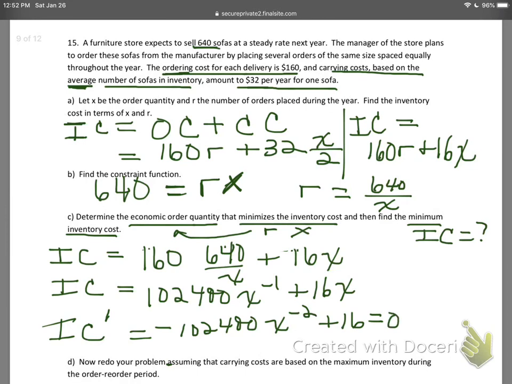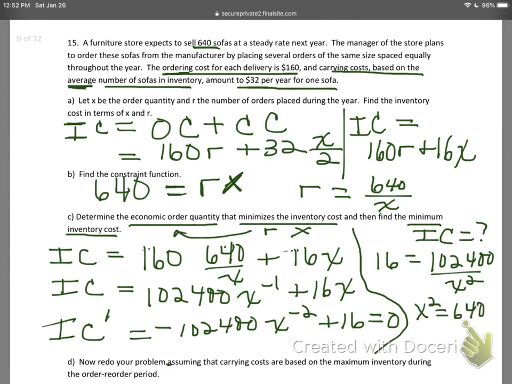So when I do that, I'm going to end up getting 16 equals 102,400 over X squared. So multiply the 16 times the X squared, divide by the 16, you get X squared equals 6,400. Take the square root of both sides, knowing that you can't have a negative.